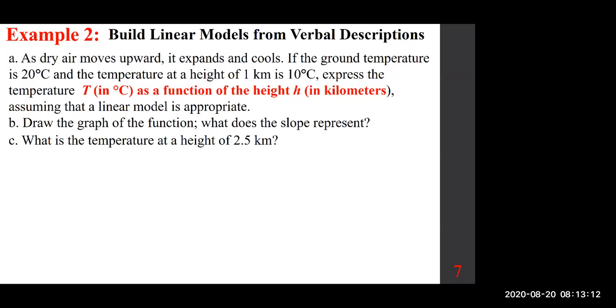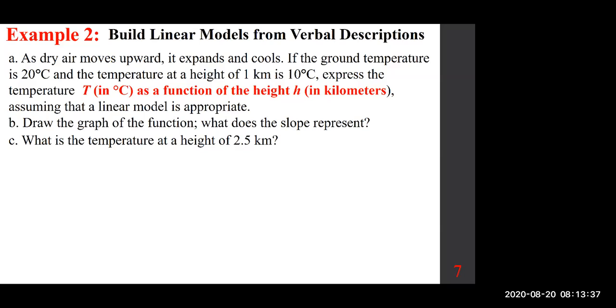If the ground temperature is 20 degrees Celsius and the temperature at a height of 1 kilometer is 10 degrees Celsius, express the temperature T in degrees Celsius as a function of height in kilometers, assuming that a linear model is appropriate. B, draw the graph of the function. What does the slope represent? C, what is the temperature at a height of 2.5 kilometers? Thank you so much, Zainab.